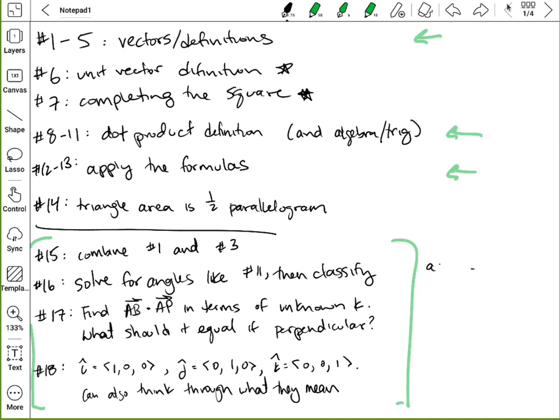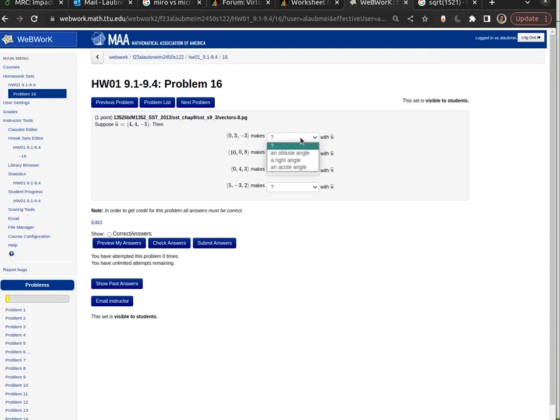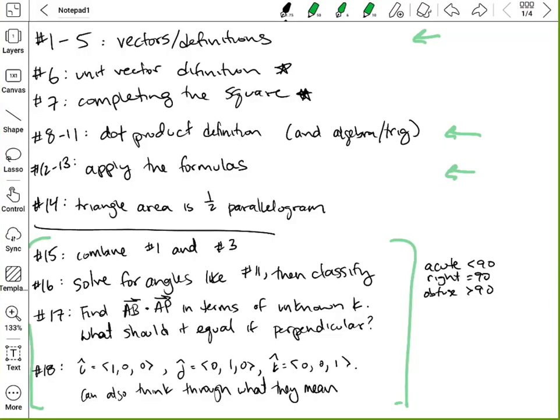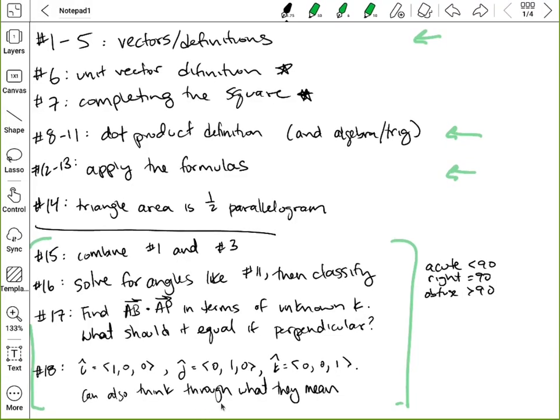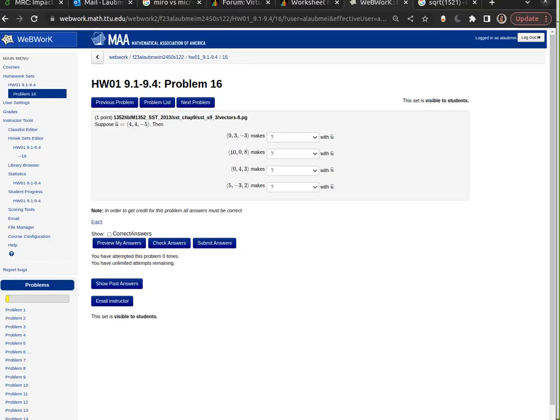I guess I could write for you all that acute is less than 90, obtuse is greater than 90. And they also say right, a right angle. So if you didn't remember those, that's what those classifications mean.